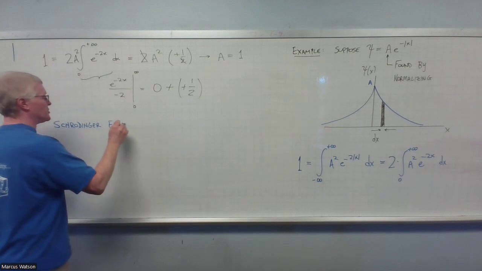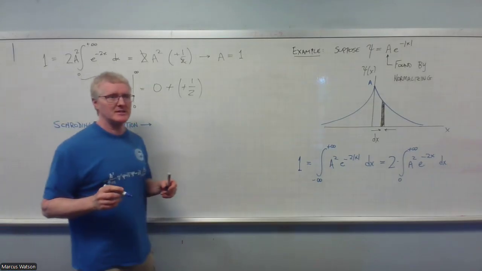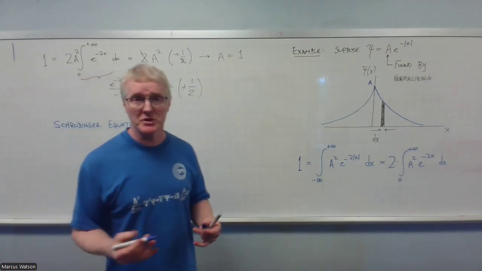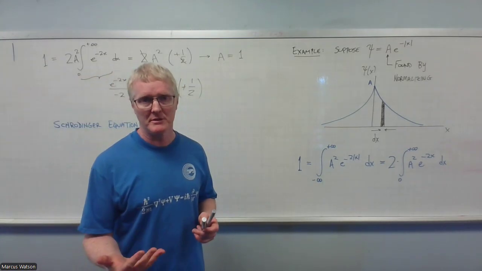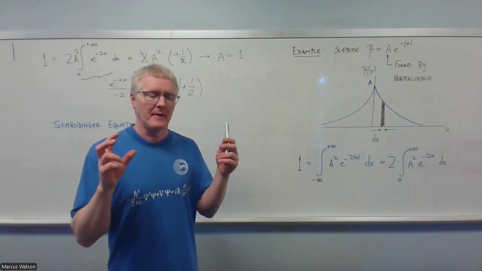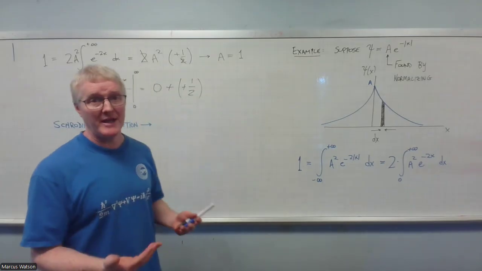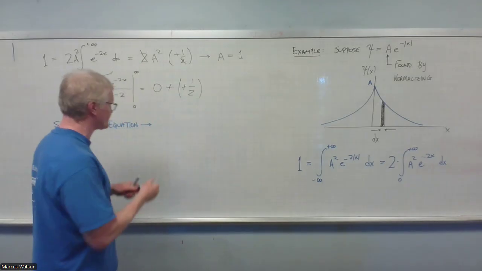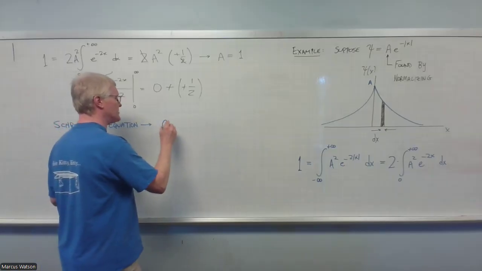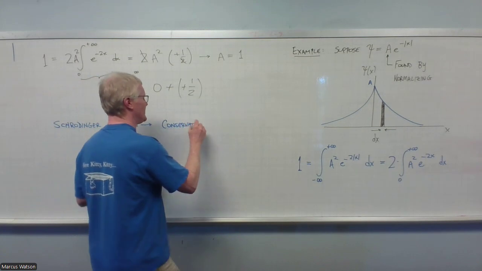Now, the Schrödinger equation is essentially a conservation of energy equation, but it's kind of tweaked so that it works for waves and wave-like objects. It comes out of energy conservation. So let me kind of tell you what this means.